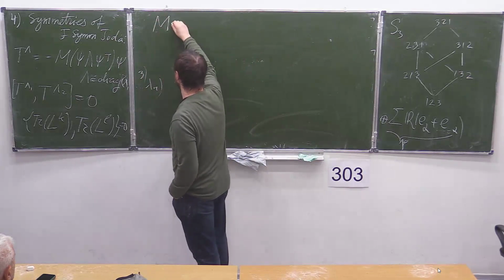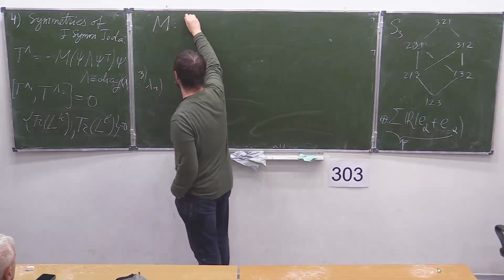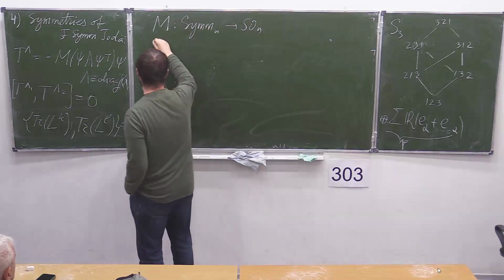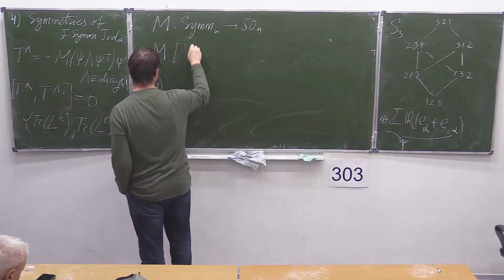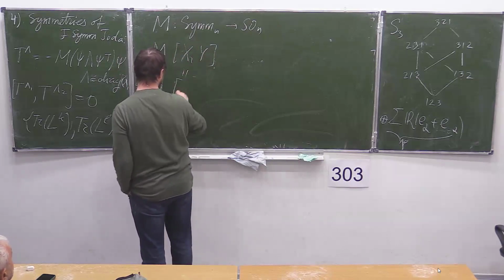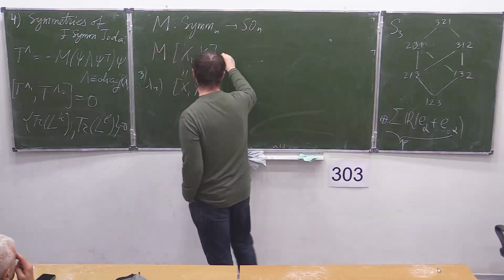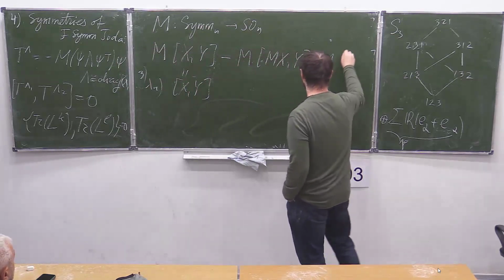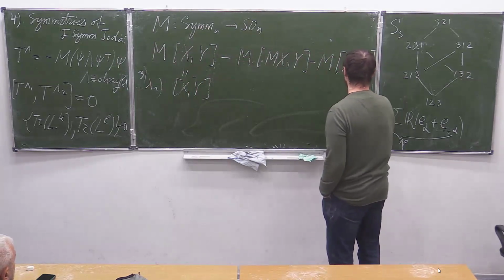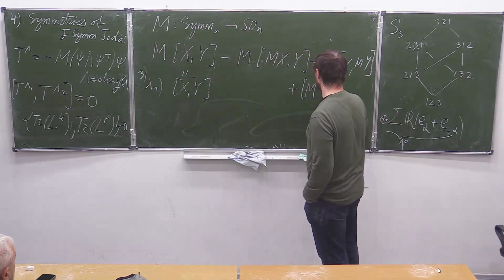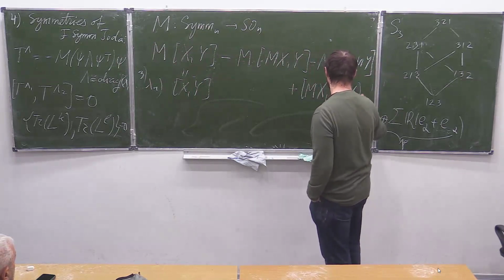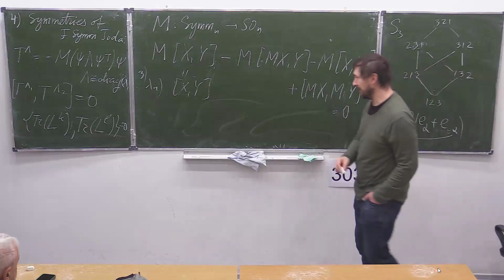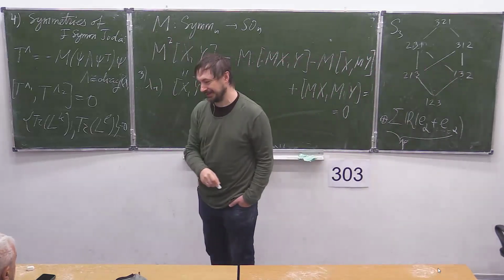So the first formula is the following. If you take M as a projection from symmetric matrices onto SO(N), then you have the following equation: M[X,Y] minus [MX,Y] minus [X,MY] plus M[MX,MY] equals 0. Actually, it should have a square here, but since it's a projector, we don't need this square.